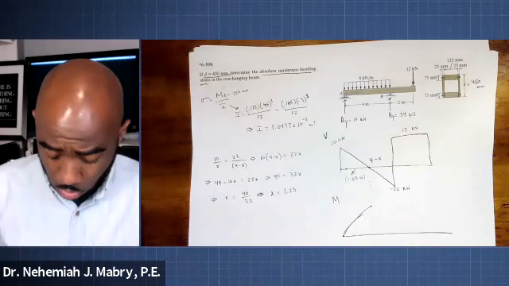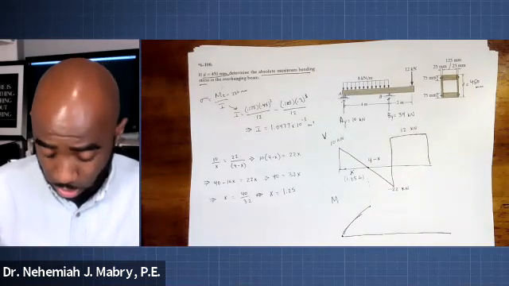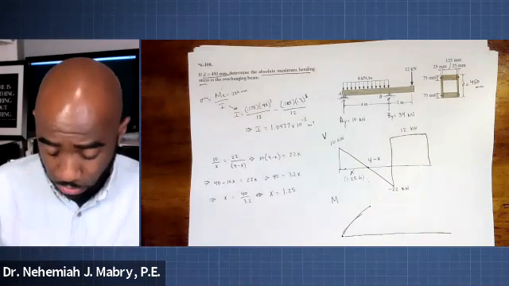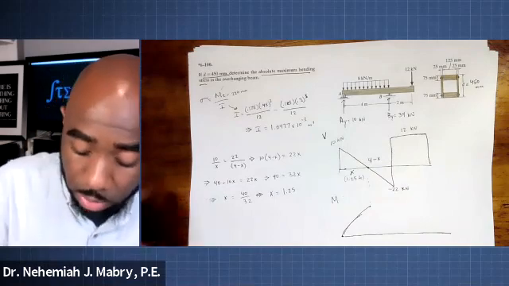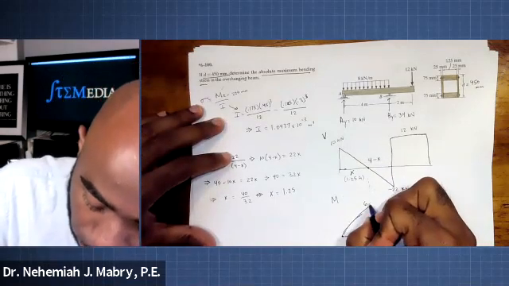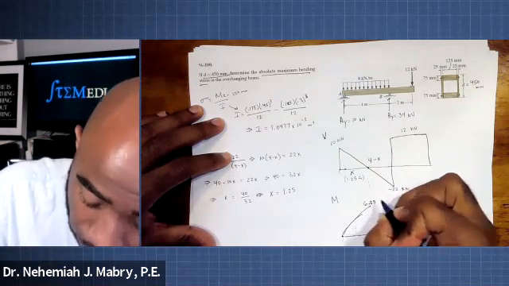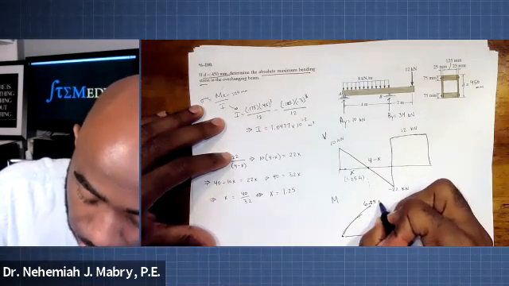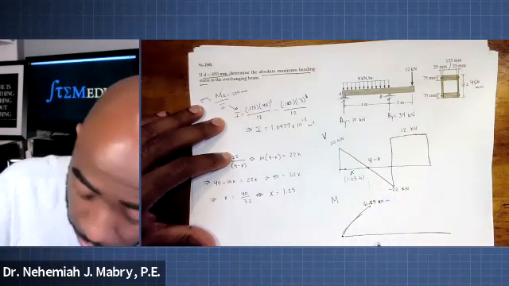So 1/2 is the area of that triangle. So 1/2 times 10 times 1.25 is 6.25. So that's what that is, 6.25 kilonewton meters.